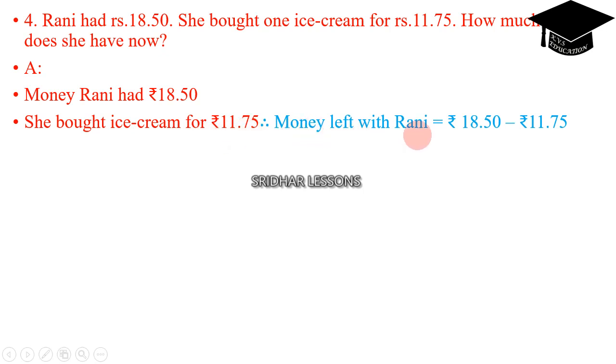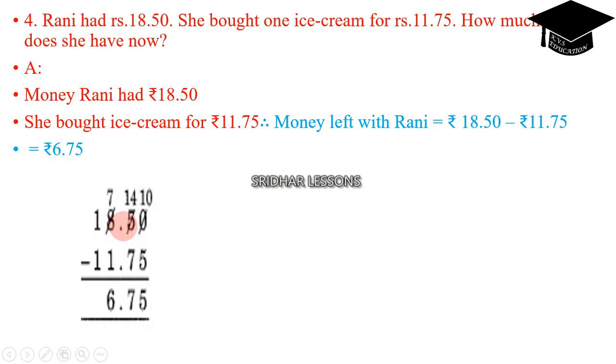Therefore, the money left with Rani is equal to 18.50 minus 11.75. If you subtract, we get 6.75. This is the money left with Rani, rupees 6.75.